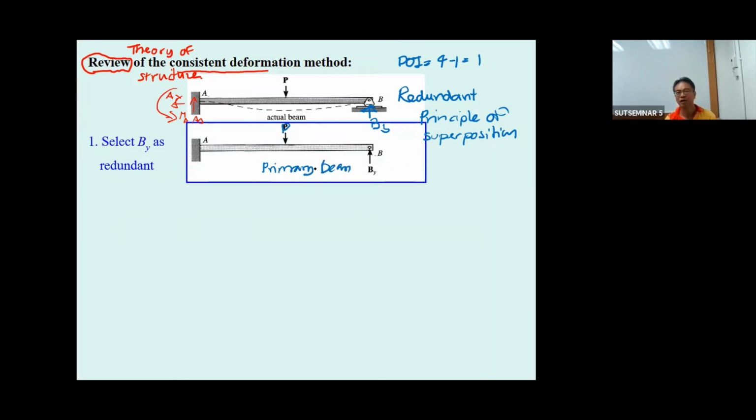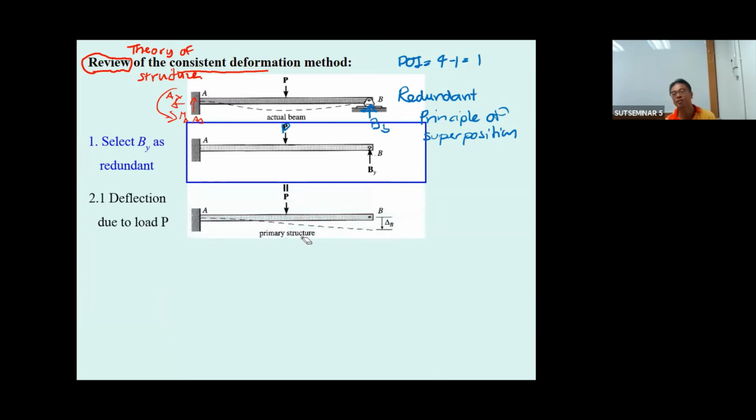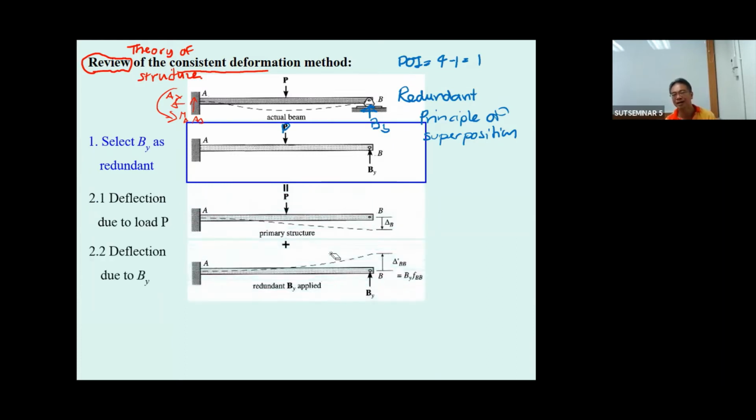Sorry, this is just the same as above. Just take this one out and erase this one. We can separate this into the first one, this is the primary beam, and then another one, the beam that is subjected to the redundant. So the first one is for the P, the second one for the B sub y.